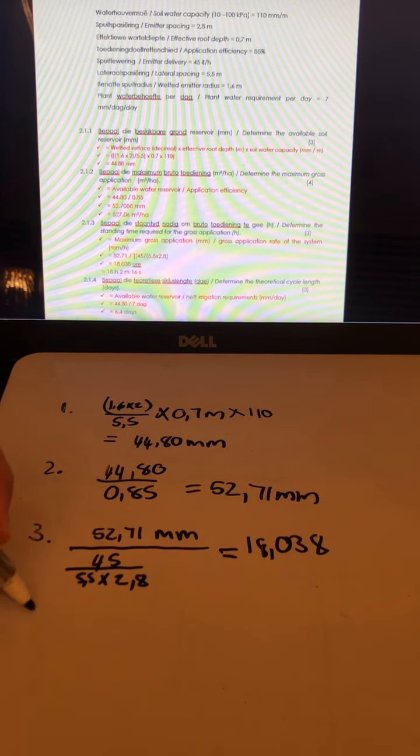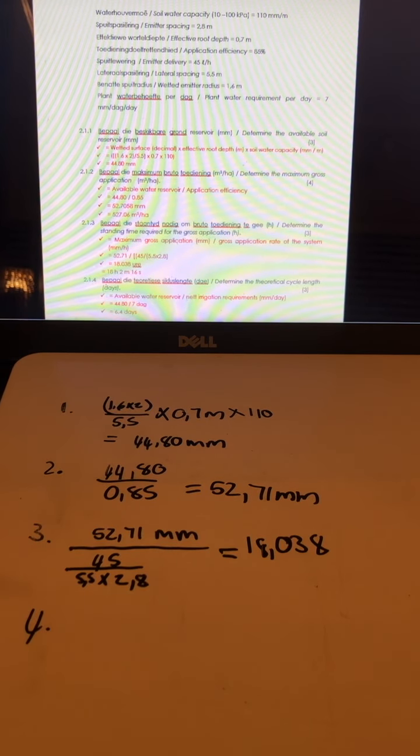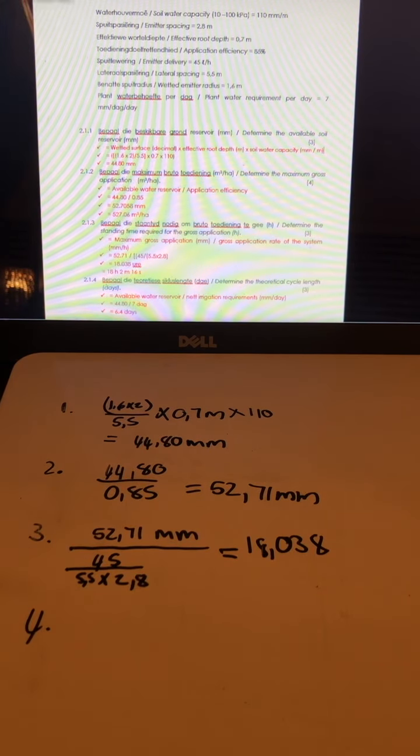The last one, number 4, the theoretical cycle length. This is calculated by using that last value, your plant water requirement per day, which says the water requirement is 7 millimeters per day.